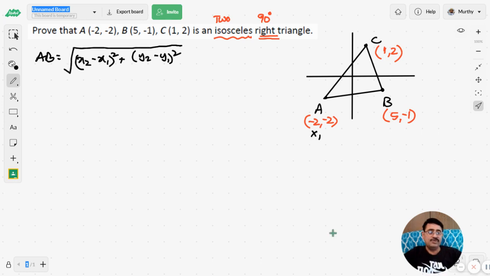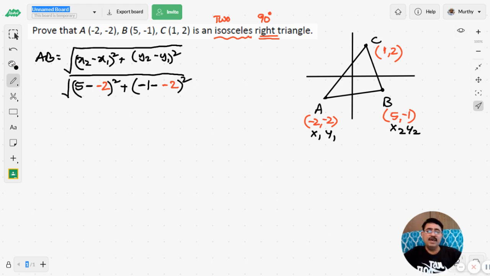So x1 y1 x2 y2. Now let's plug in these values. x2 is 5, subtract x1, which is negative 2, then whole square plus y2, which is negative 1, subtract y1, which is negative 2. I'm using color codes so that you can understand better. So a square.